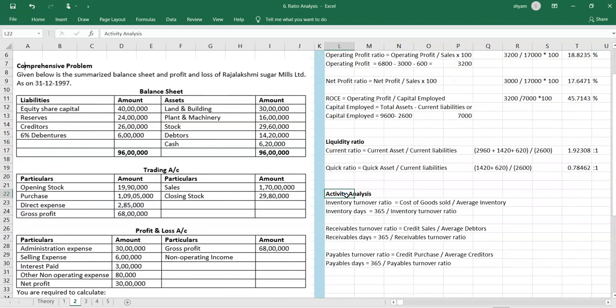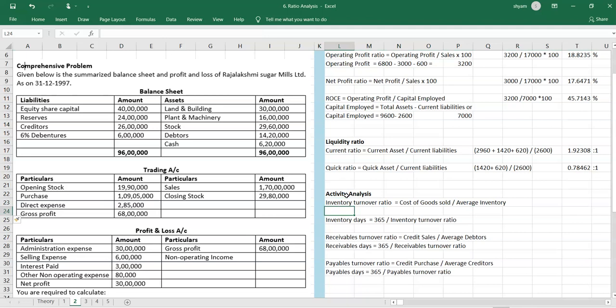So we have the activity ratios. For activity ratios, we have to get a lot of numbers, so we'll start. First we have to get COGS.